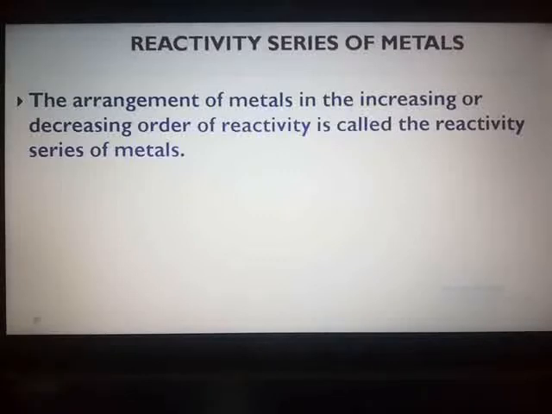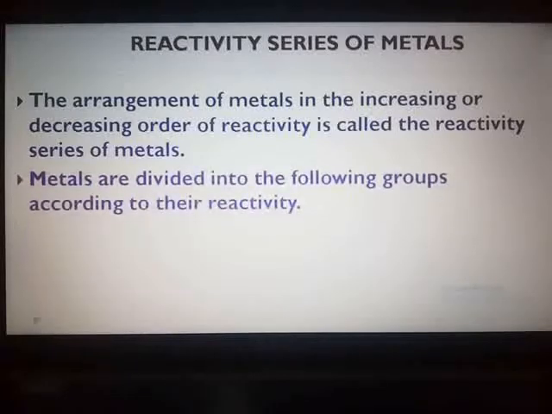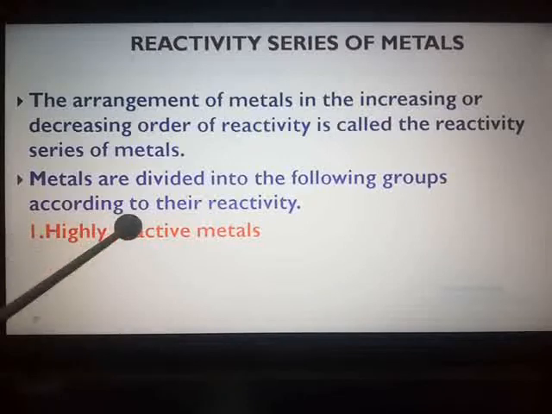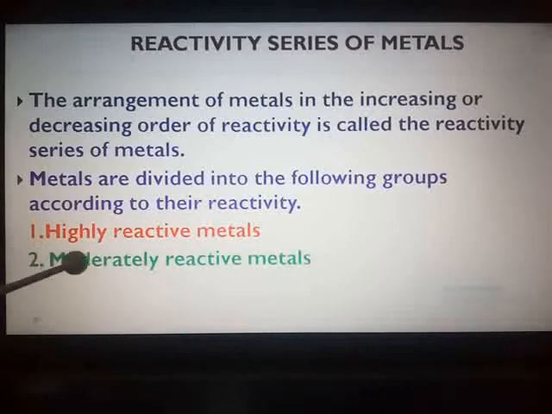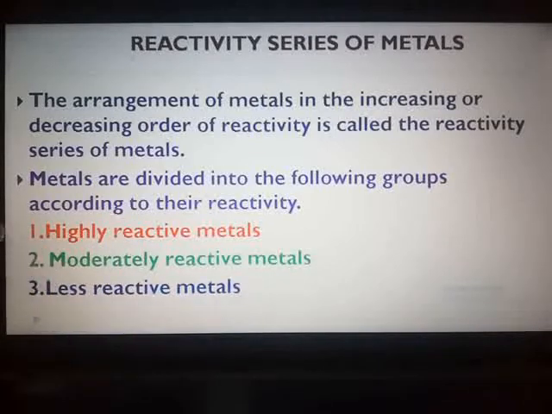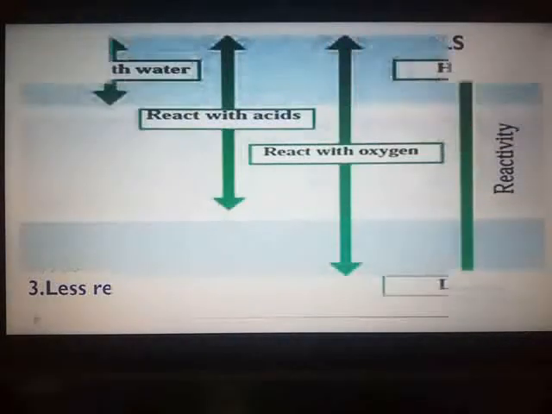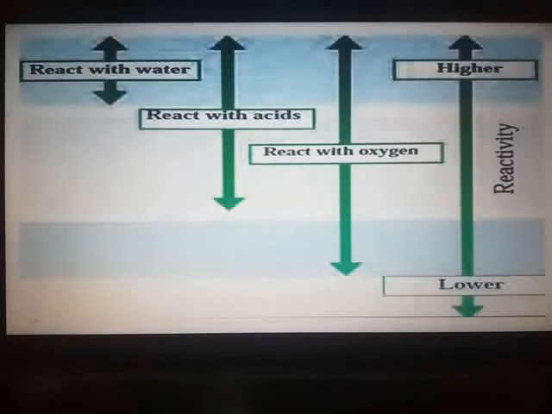Now, metals are divided into different groups according to their reactivity. The first is highly reactive metals, the other is moderately reactive metals, and the third one is less reactive metals. You have a chart in your textbook and the names I have not displayed here. On the top you will have potassium, sodium, lithium, calcium, followed by magnesium, aluminium, zinc, iron, tin, lead, then copper, mercury, silver and gold.